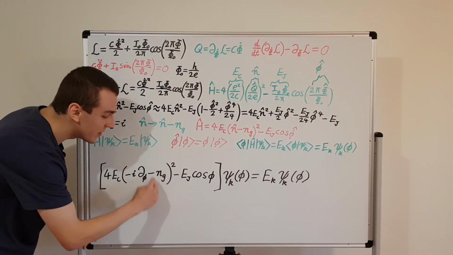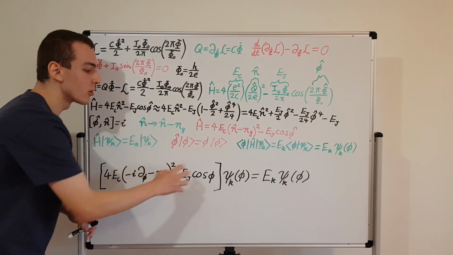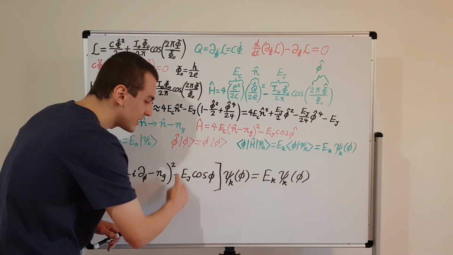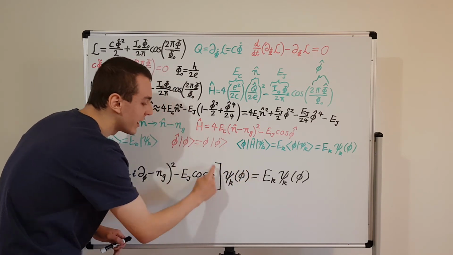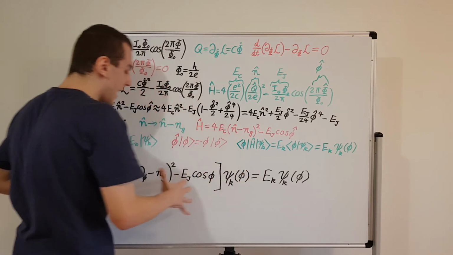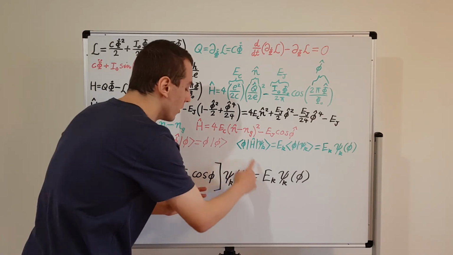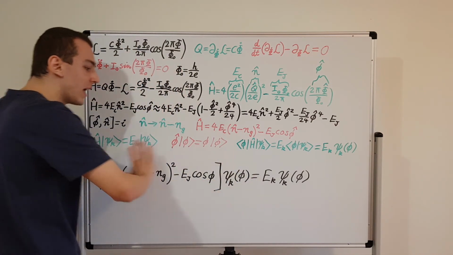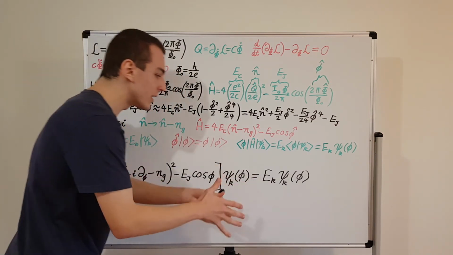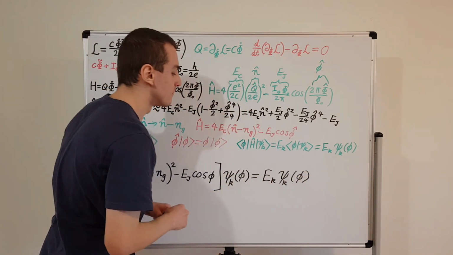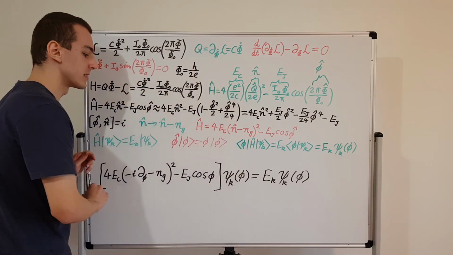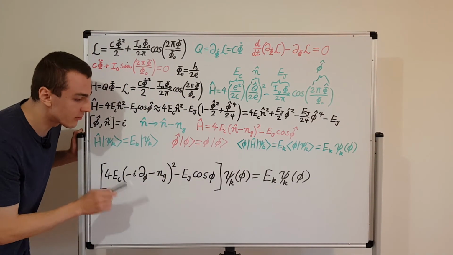And then we're going to have this constant squared, and that's just going to multiply this. And what about this? Well, we're just going to be multiplying this function by cosine of phi. So that is how all of these are going to act on this wave function. And when we evaluate all of that, that's actually going to be equivalent to just multiplying the wave function by the eigenvalue. So how do we actually solve this? Well, it's a pretty intimidating differential equation.